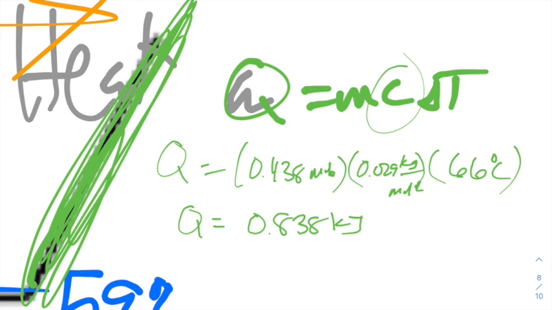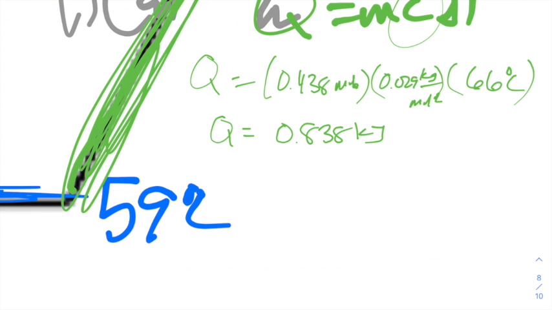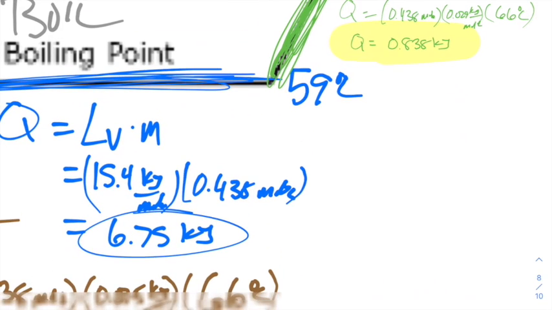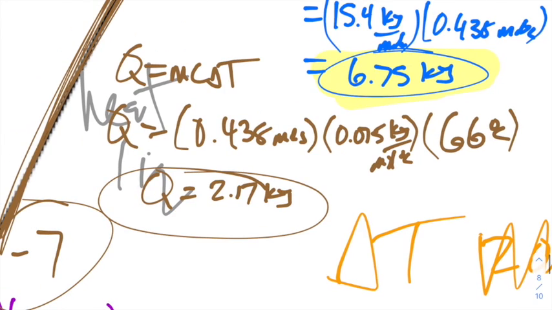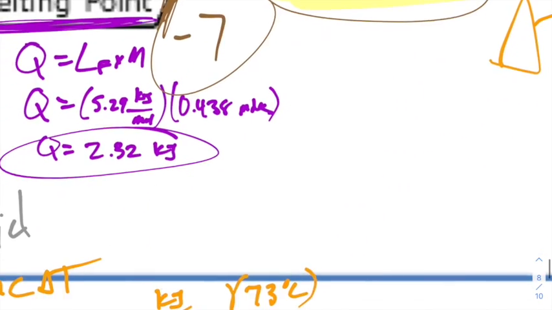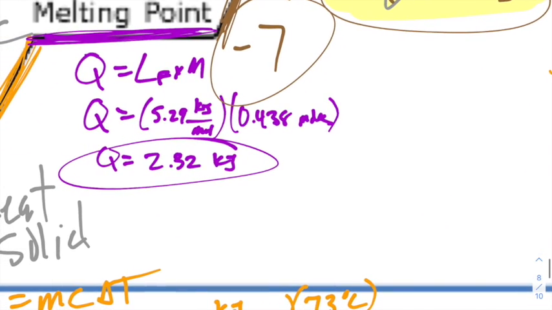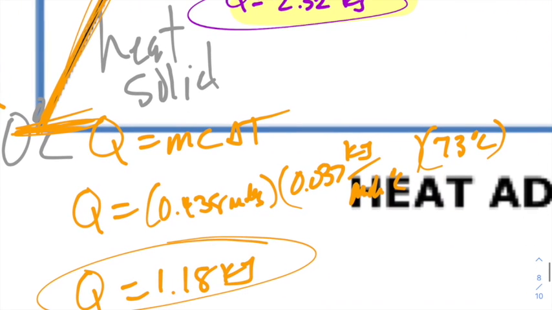for step 5. So now I go ahead and I look up all of my finals. So my finals are 838, 675, 217, 232, and 118.